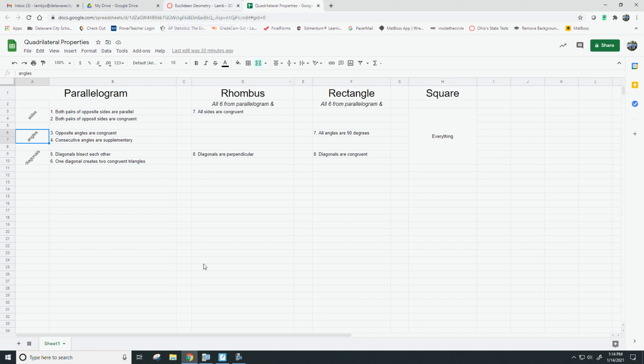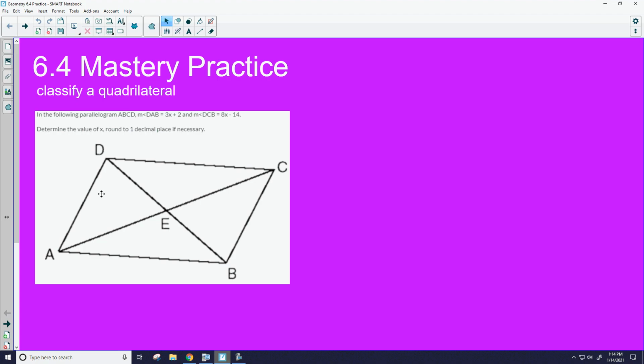So, with that being said, I want to take a look at each one of these problems, and I'm going to be utilizing those traits of those figures. So this one says, in the following parallelogram ABCD, the measure of angle DAB, so let me get a highlighter ready, that angle right there is 3x plus 2.